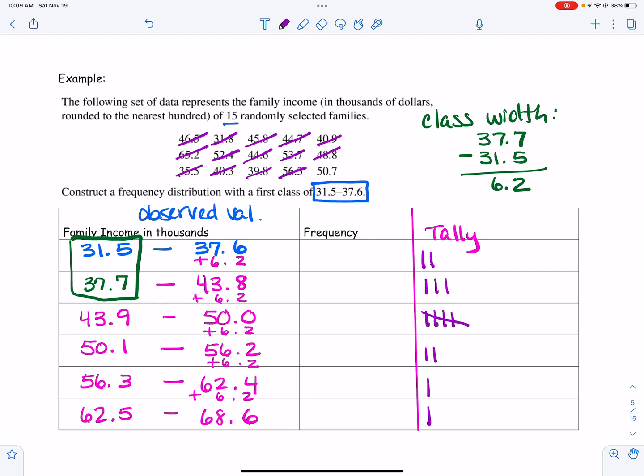And 50.7 is right there. Okay, so that way at least my tally marks make up all of those values.